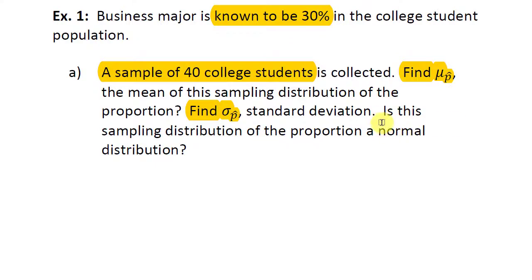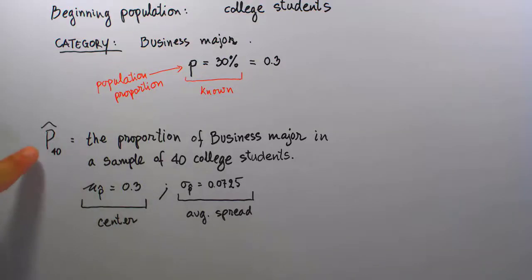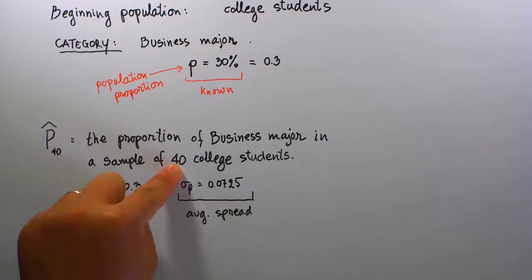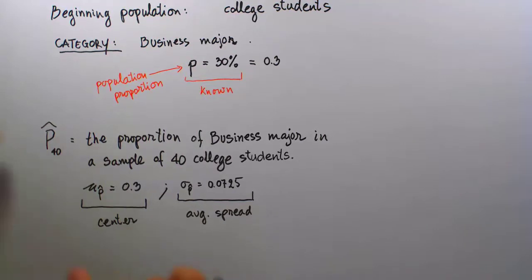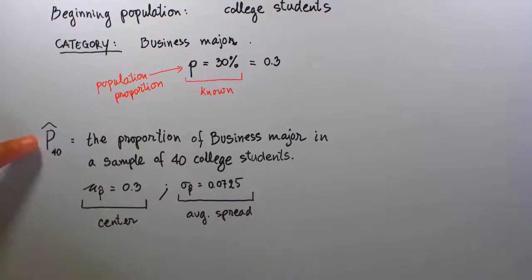Here is the next part of our question in part A. Is this sampling distribution of the proportion a normal distribution? The wording alone is not telling us much, but this is what it's intended for. We're on the sampling distribution of the proportion, where there are 40 college students in each sample, and we already defined a random variable capital P hat 40.